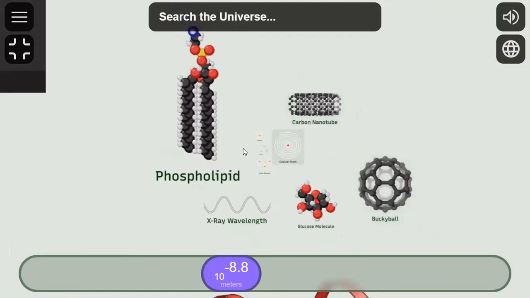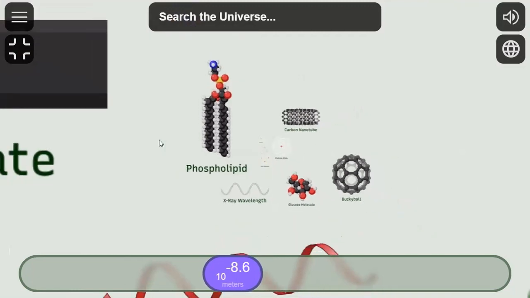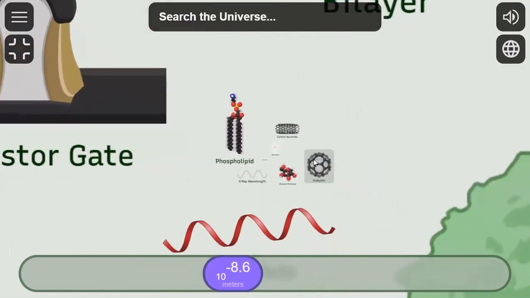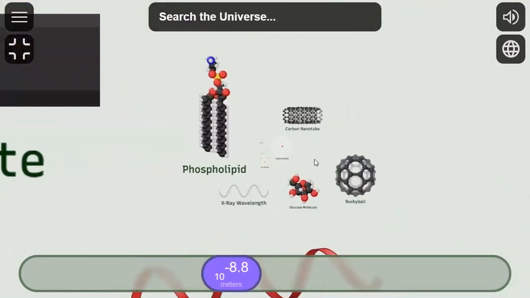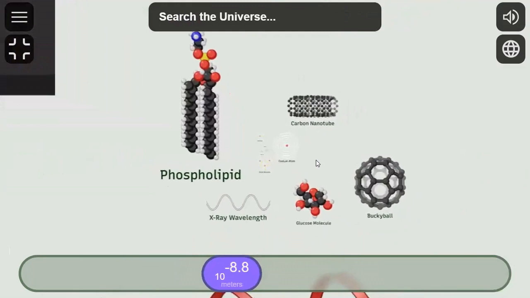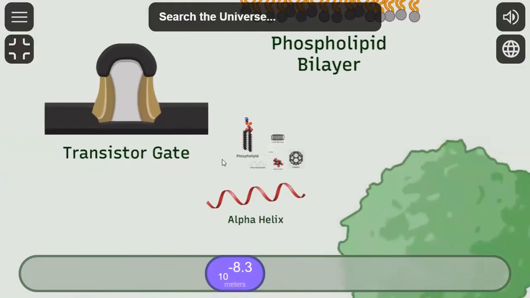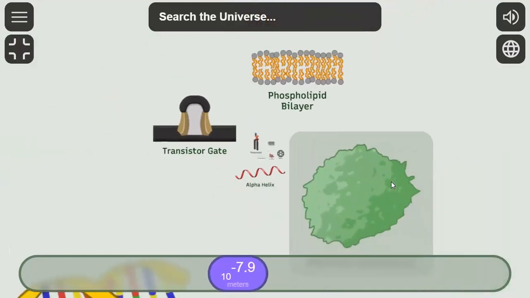So nanotube and buckyball are types of fullerene. Look at this, fullerene and nanotube are about 10 raised to the power minus 8.8 meters. Transistor gate, about 10 raised to the power minus 8.3 meters.